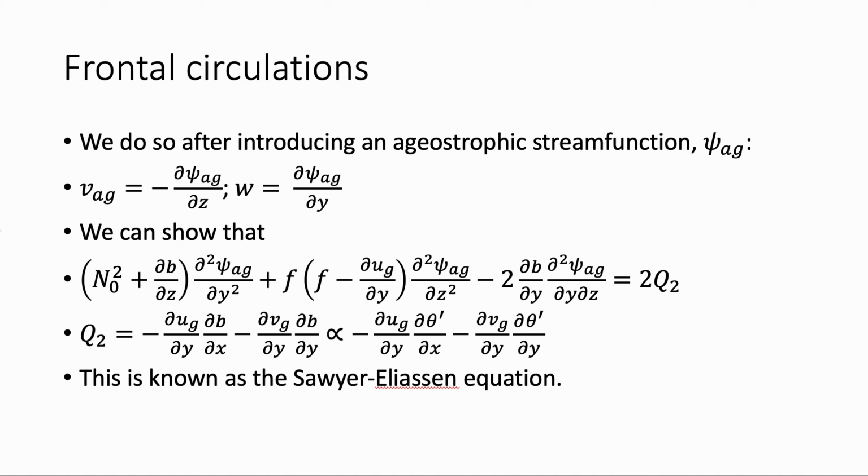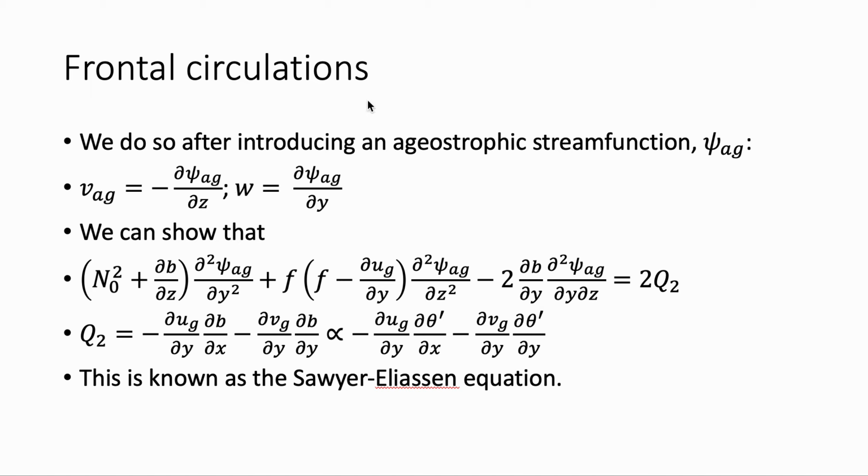And if you do that, then the equation becomes this very, quote-unquote, simple equation for the stream function. On the right-hand side, there's a Q term that is reminiscent of the Q vector that we saw when we talked about QG equations. This is called the Sawyer-Eliassen equation, and once we know the forcing term, it allows us to write this 2D stream function that describes the ageostrophic circulation along the front.